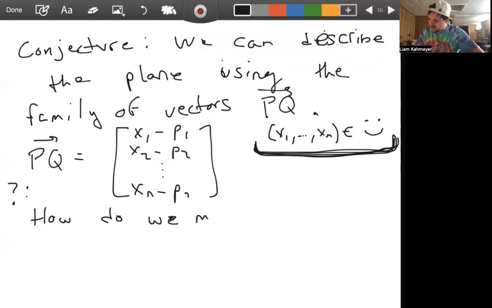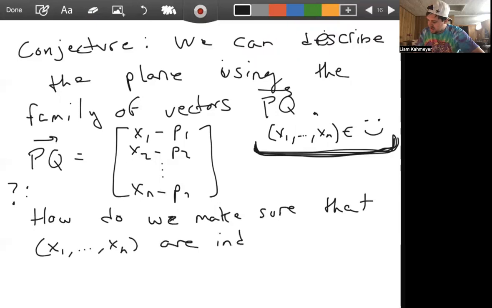How do we make sure that the points X1 through Xn are indeed in smiley face? And moreover, it's not enough to just guarantee that those points lie in the plane.